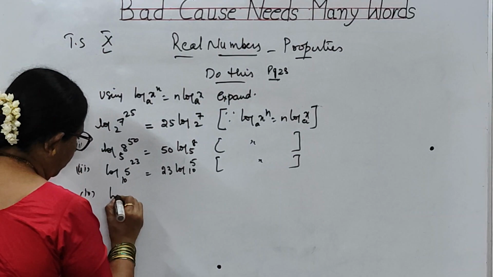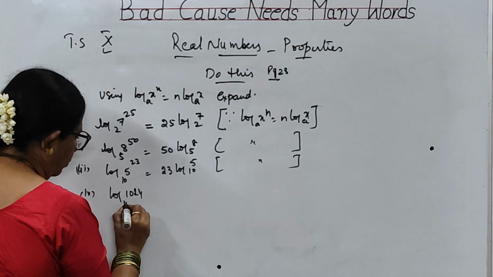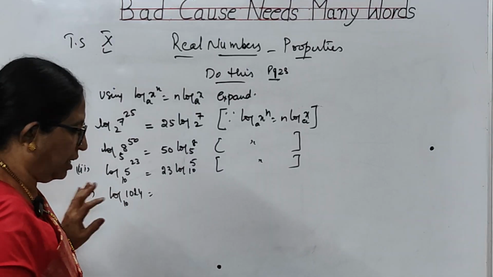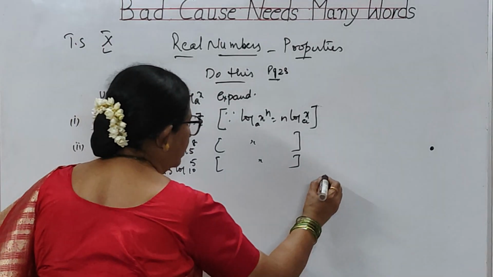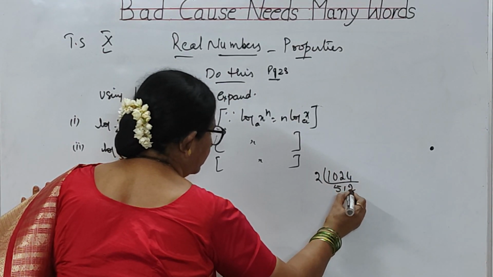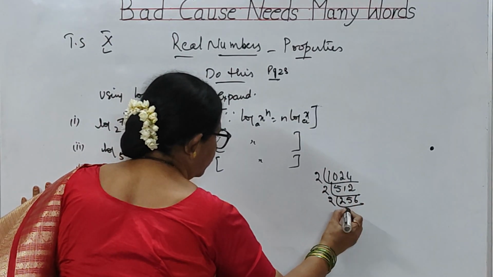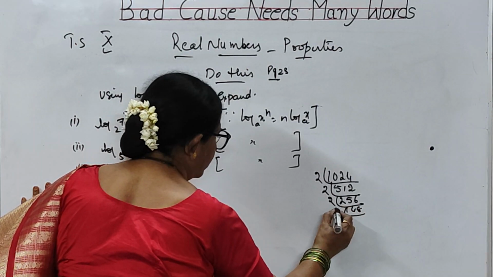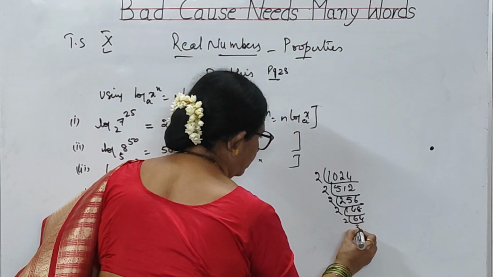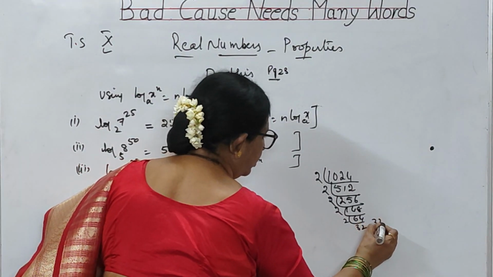Then log 1024. Nothing is given. You take the base 10. So you can do one thing, children, here. They have not given it as a power of any number. So let us take 1024 and go for this: 2 to the power of 10. Of course, 32 means 2 to the power of 5.